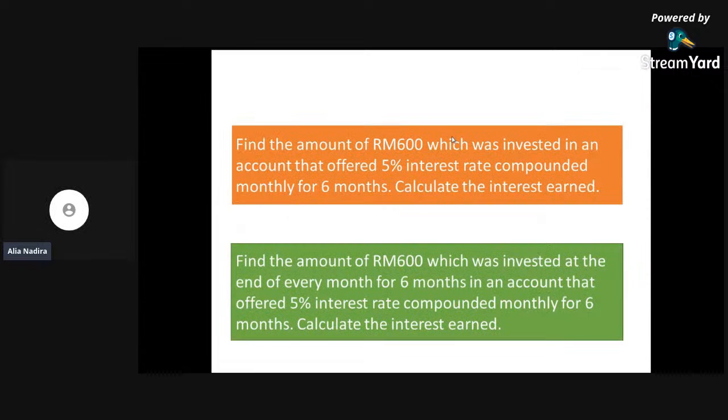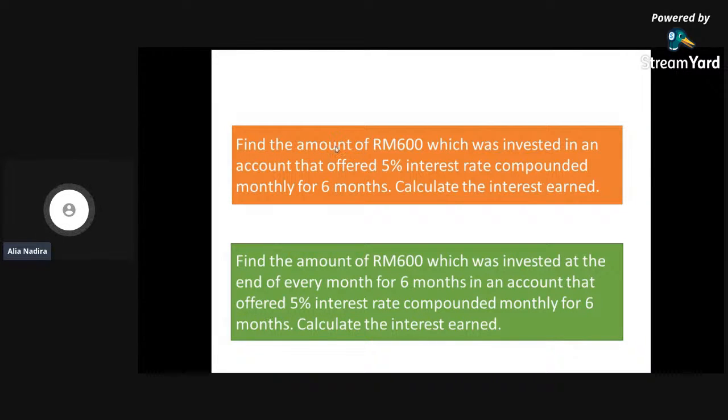Okay, next. This one I show you what is the difference between compound interest dengan annuity. Okay, so find the amount of 600 which was invested in account that offers 5% interest rate compounded monthly for 6 months. Calculate the interest earned.